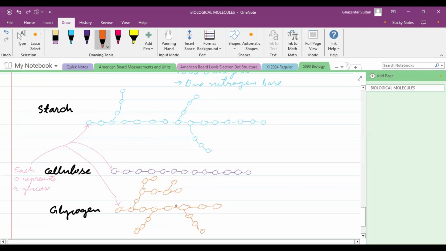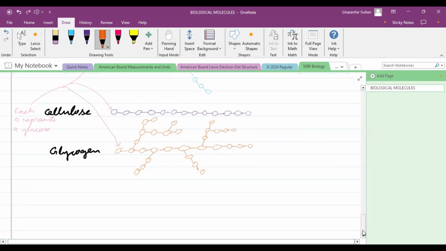The main difference between glycogen and starch is that glycogen is compactly branched. Many branches are there, and even branches in branches. So these are the diagrammatic representations of starch, cellulose, and glycogen.